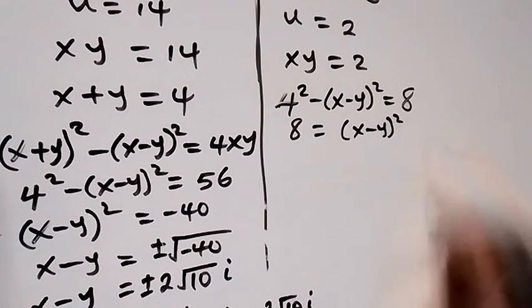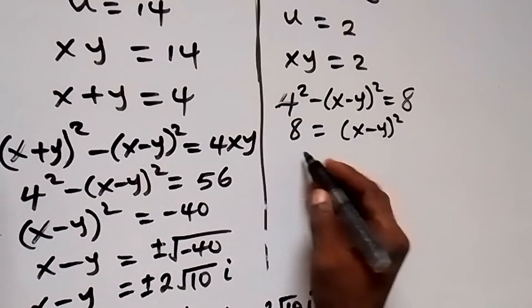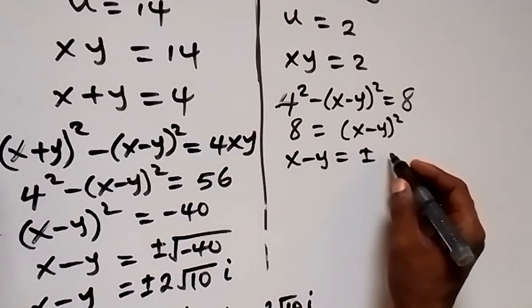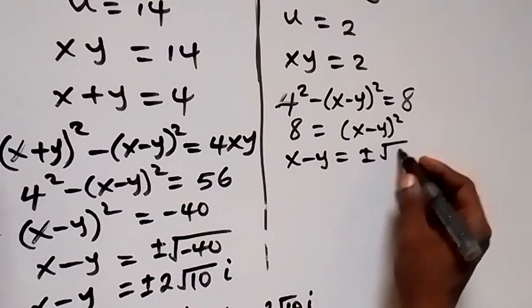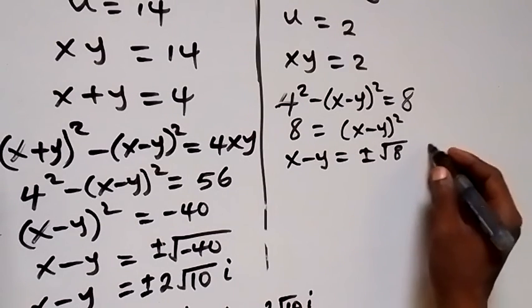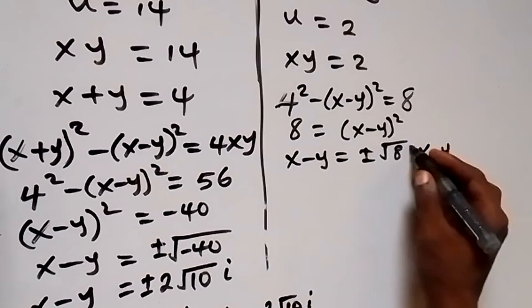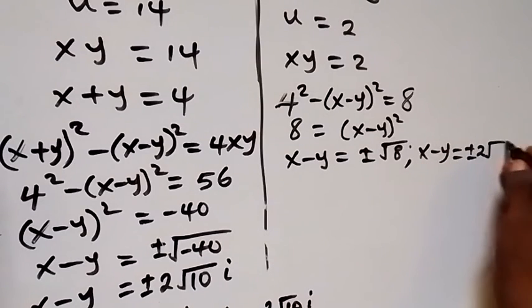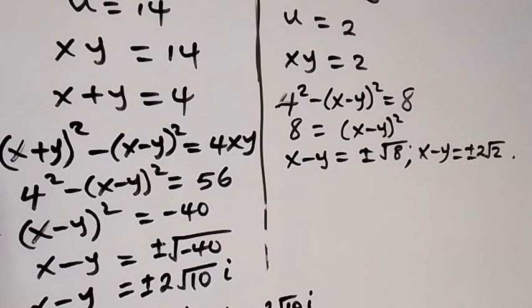Then when we take the square root on both sides, we have x minus y equals plus or minus square root of 8, which is the same thing as writing x minus y equals plus or minus 2 root 2. So also we have two cases here.